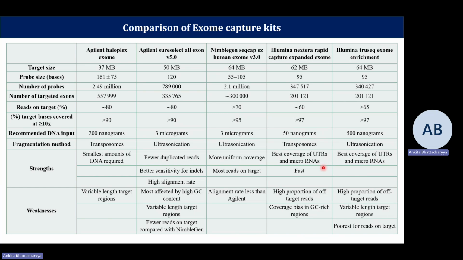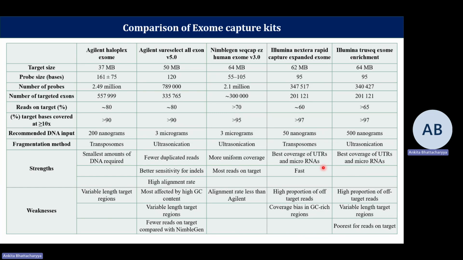What are the strengths of each of these techniques? For Haloplex, a very little amount of DNA is required. For Agilent SureSelect, you can see that duplicated reads are very low. For indels, it has very good sensitivity. Indels are insertions and deletions.